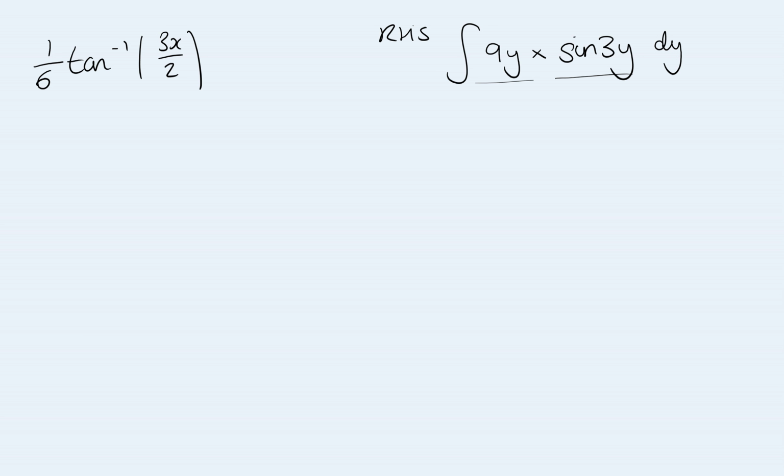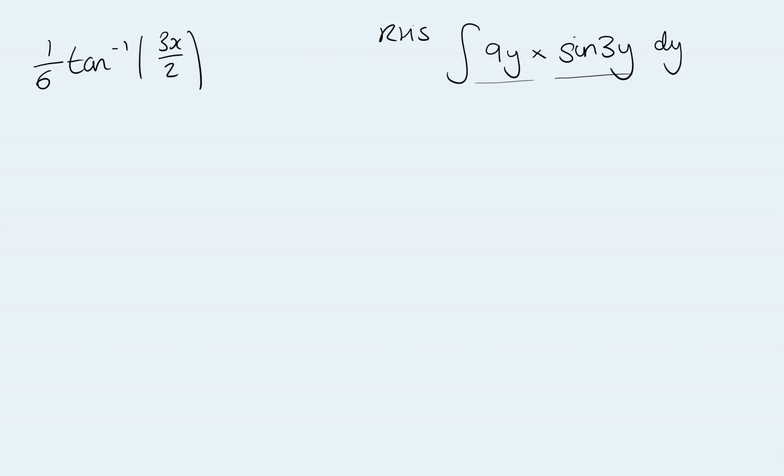So I've got a sixth, the inverse tan of 3 times 0 over 2, so inverse tan of nothing, and that's going to be equal to minus 3 lots of pi over 3, times cos of 3 lots of pi over 3, because y, remember, is equal to pi over 3, plus sine of 3 lots of pi over 3, plus whatever this constant is.